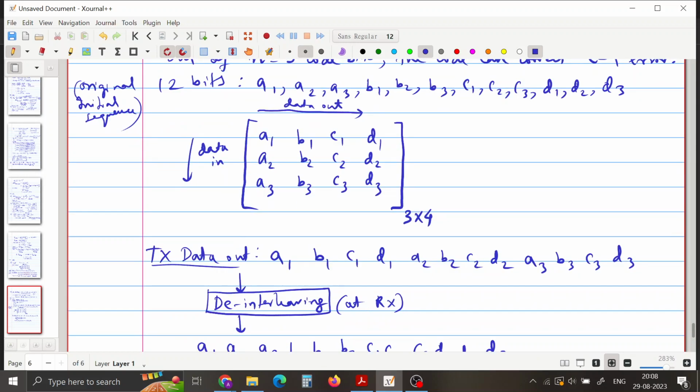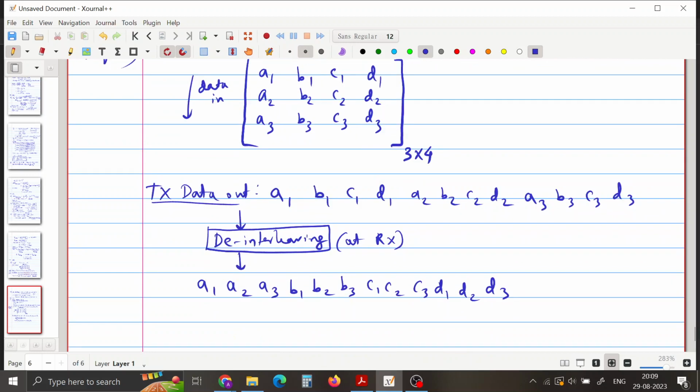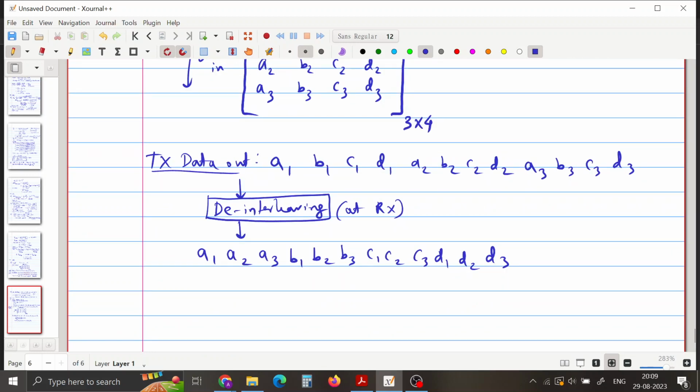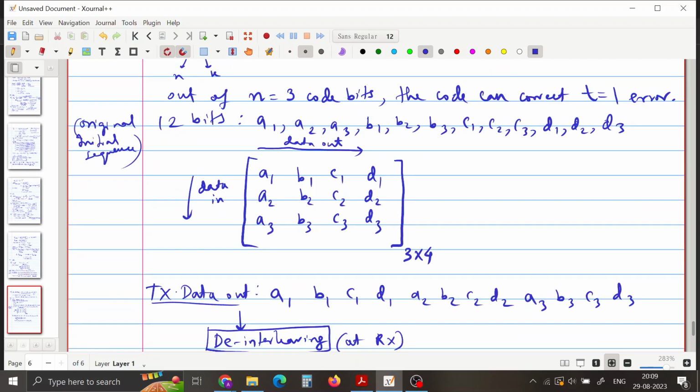That's what it means. You do an interleaving operation and then the reverse operation, de-interleaving, so your overall sequence will remain the same. Someone was asking what the basic intuition is. So that's the idea.